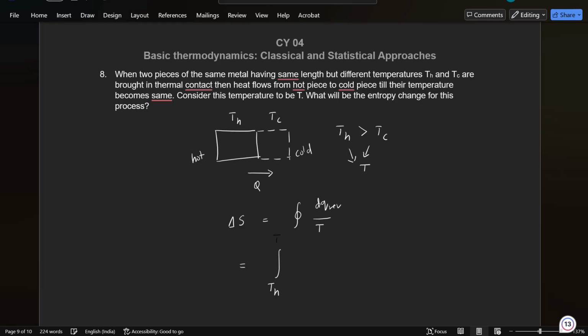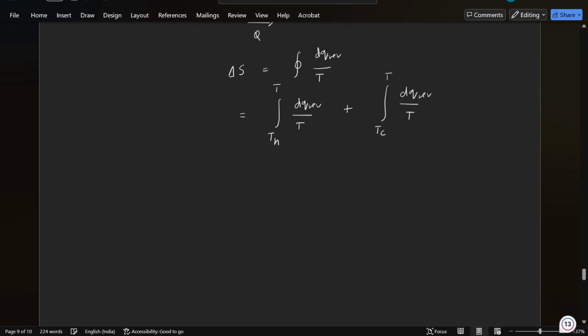Then we have dQ reversible by T plus, for the cold, it's going to go from Tc to T, correct? dQ reversible by T.